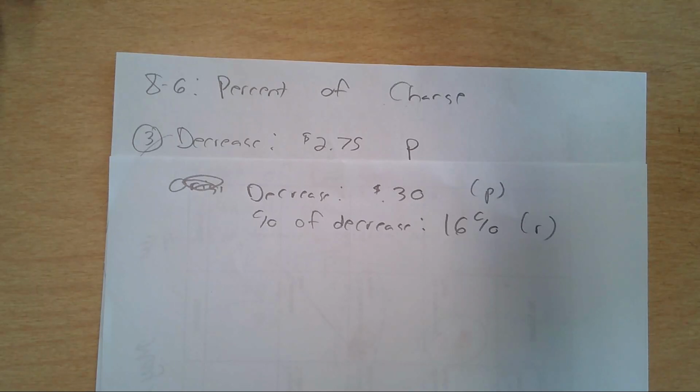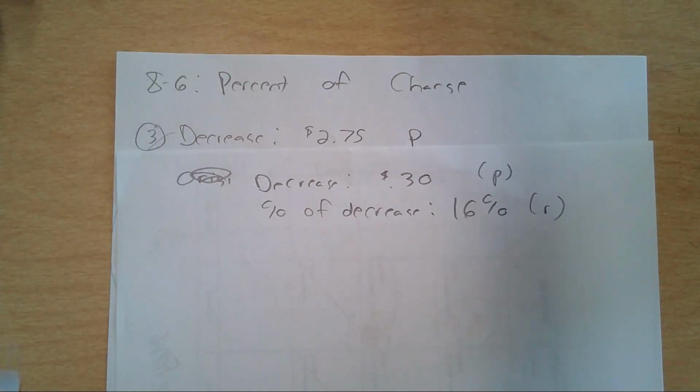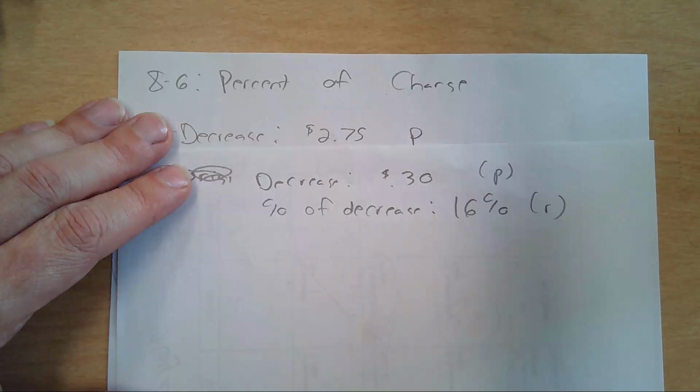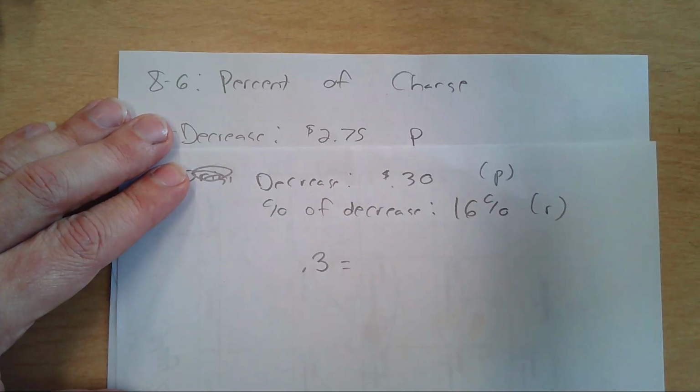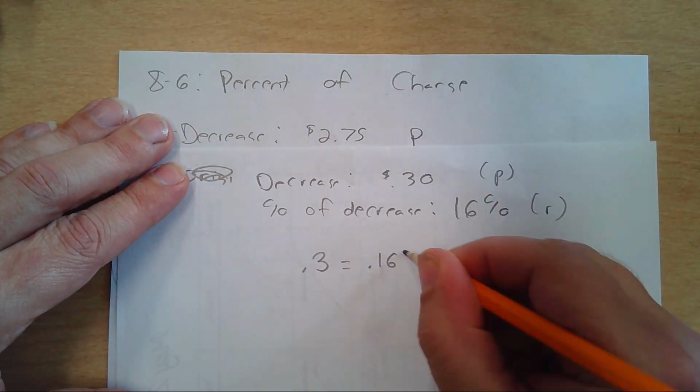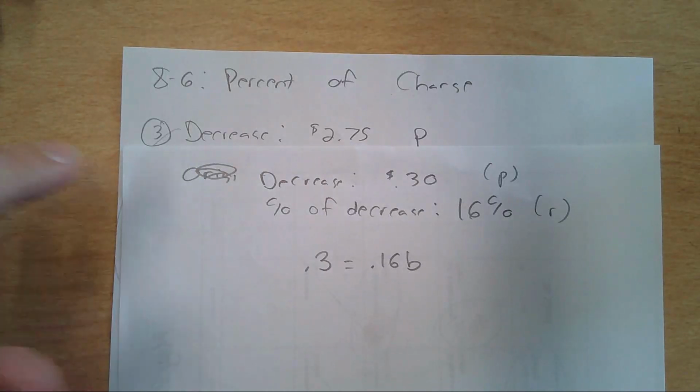We have to do some rounding here. So, as always with money, round to the nearest penny. So my decrease, 0.30 equals my rate, 0.16, times wherever I started this thing here.